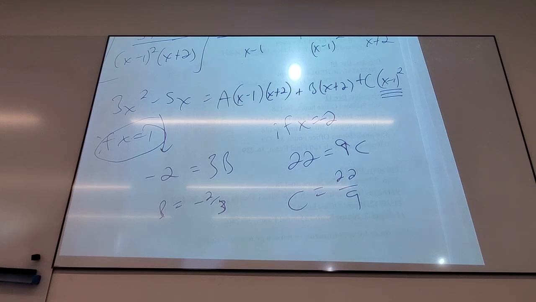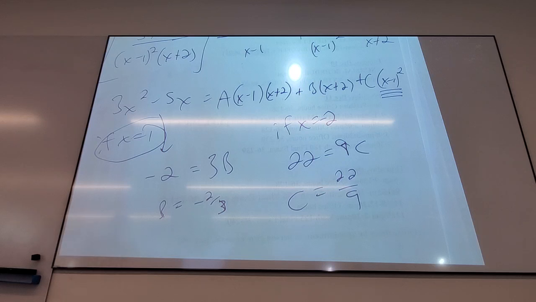What must A plus C be? Can you all see, if you multiply everything out on the right hand side, what would be in front of x squared?